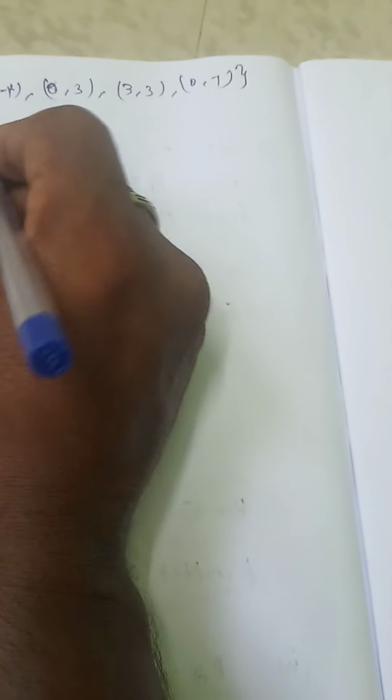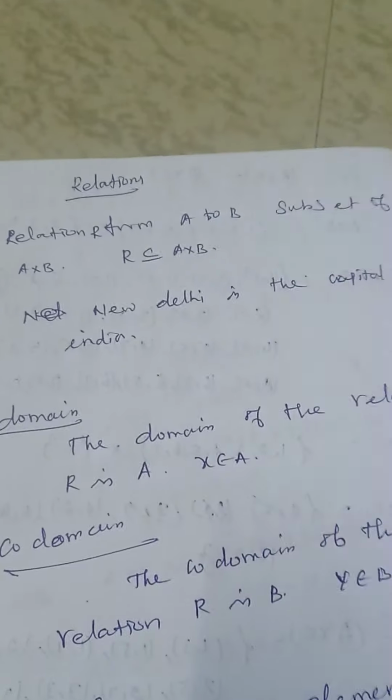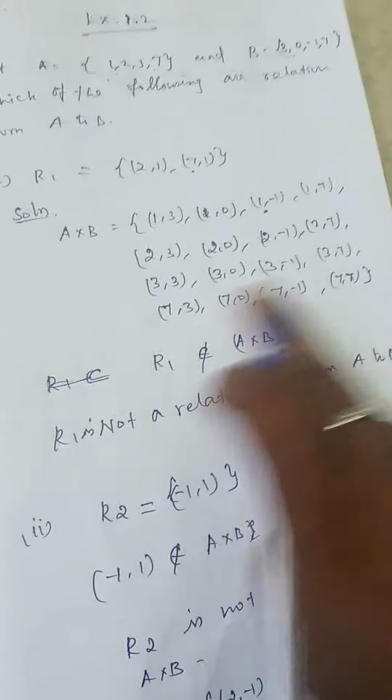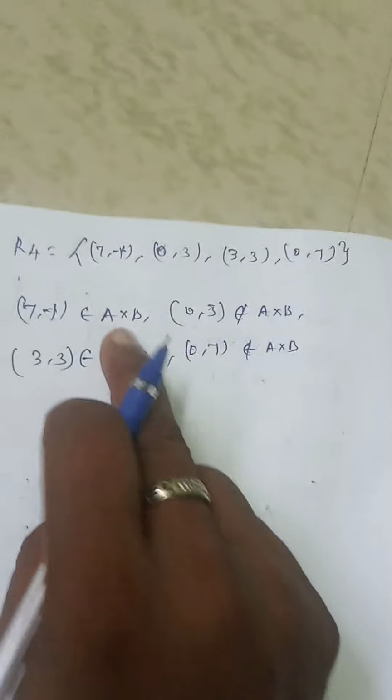Fourth subdivision: R4 is equal to {(7, minus 1), (0,3), (3,3), (0,7)}. We compare the relations. (7, minus 1) belongs to A cross B. Next, (0,3) does not belong, since (3,0) would. (3,3) belongs to A cross B. And (0,7) does not belong to A cross B. So two elements are in A cross B and two are not.